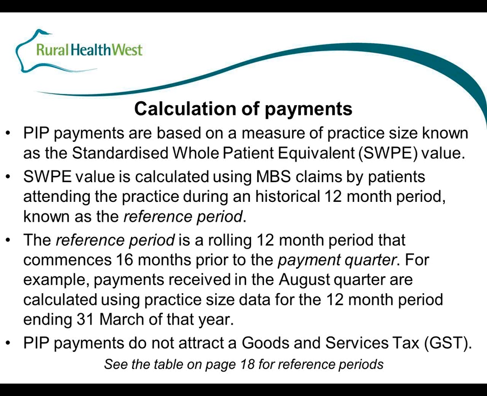For example, payments received in the August quarter are calculated using practice size data for the 12-month period ending 31st of March of that year. PIP payments do not attract a goods and services tax, and a table of how these payments and quarters are calculated is shown later.